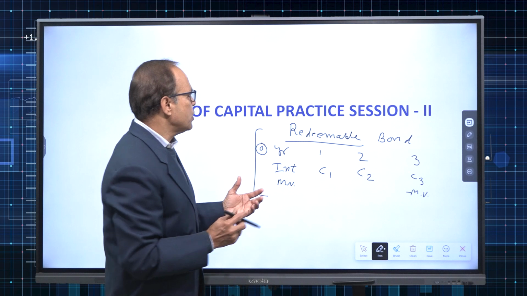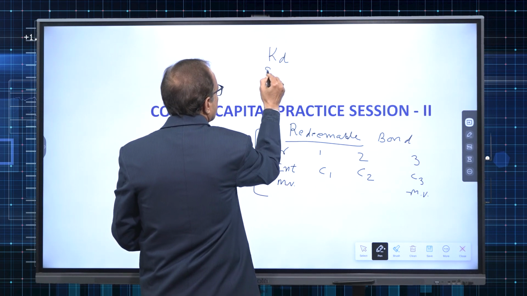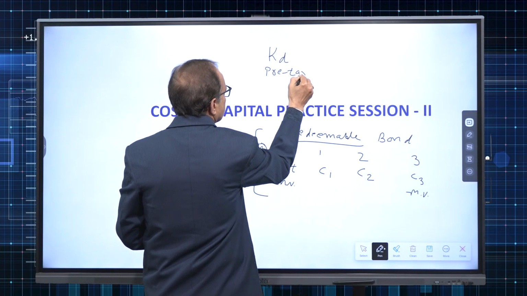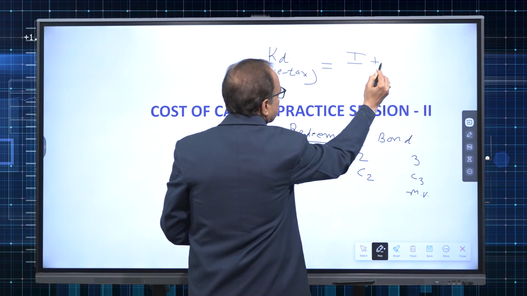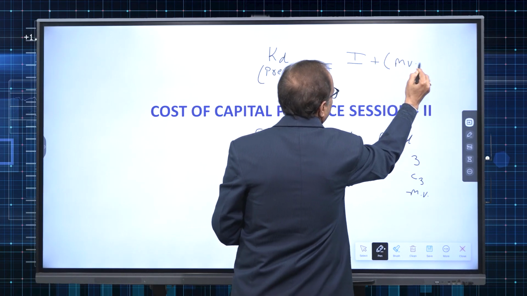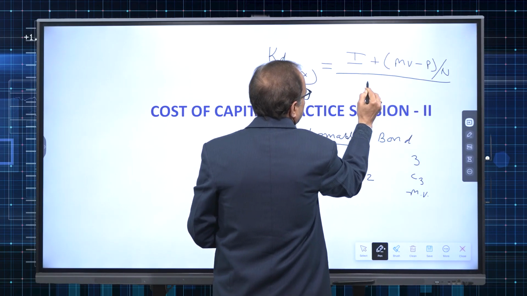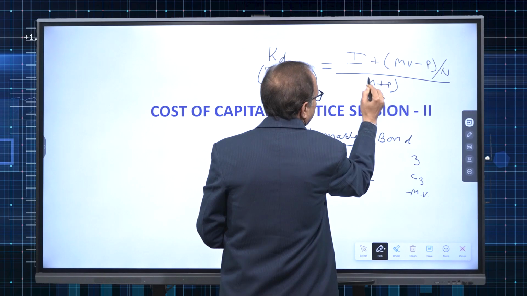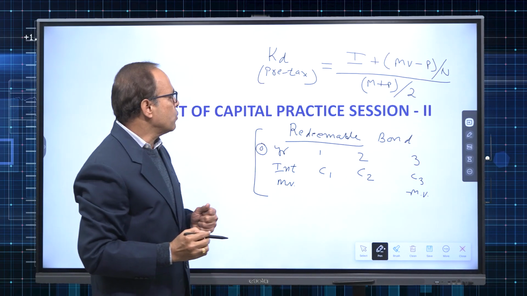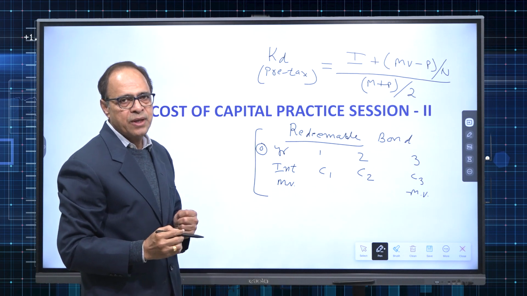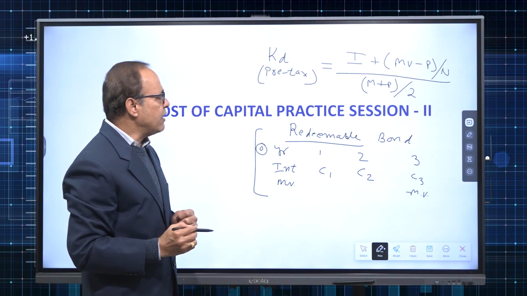However, in short, we always use a formula approach, cost of debt pre-tax. So what is the formula? It is simply I plus (M minus P) divided by N, then (M plus P) divided by 2. So that formula we use to calculate cost of debt pre-tax in case of redeemable debentures, and the same cost can be converted into after tax cost.